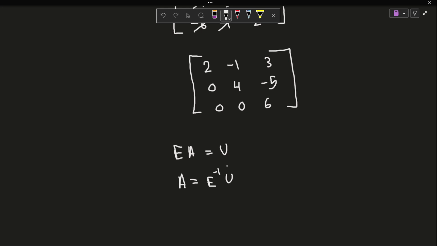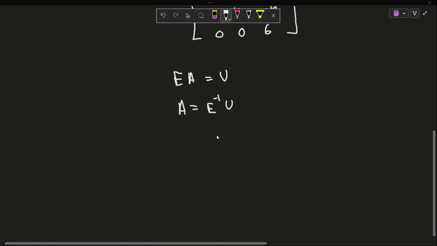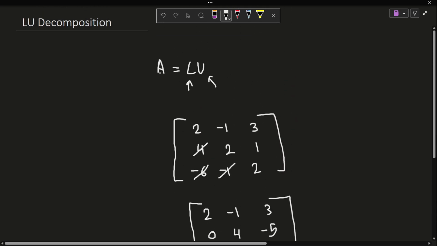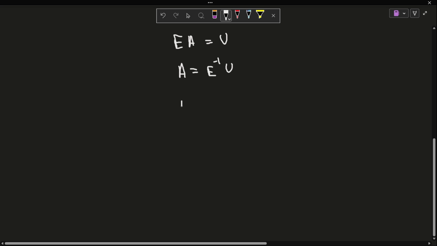So the inverse of the cumulative elementary matrices that we apply to A to get U is what we multiply by U to get A. This looks very familiar to the form that we have up here, so it's logical to say that the inverse of the cumulative E is going to equal L. And that's how we define the lower triangular matrix in our LU decomposition.